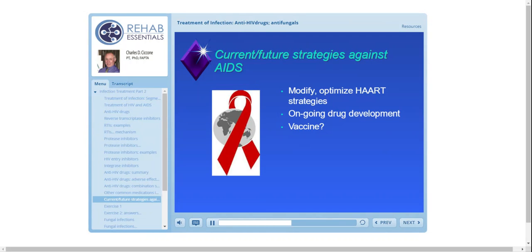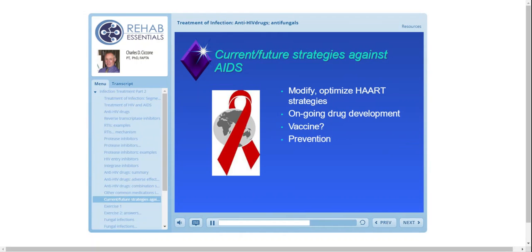Otherwise, people might get a false sense of immunity, and start sharing needles again, or not have safe sex. So a vaccine is going to be very difficult to produce, and we have to hope that this will be done. But you realize the problem, especially with the idea that this virus can mutate.